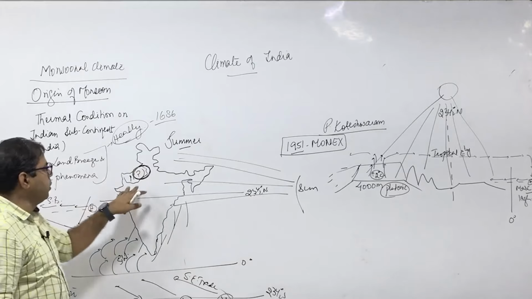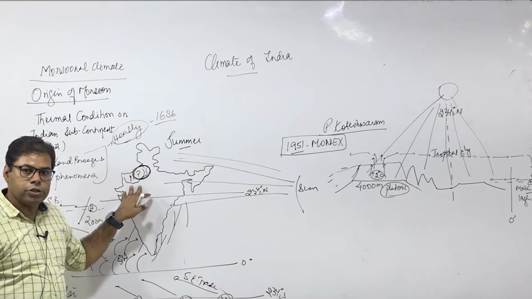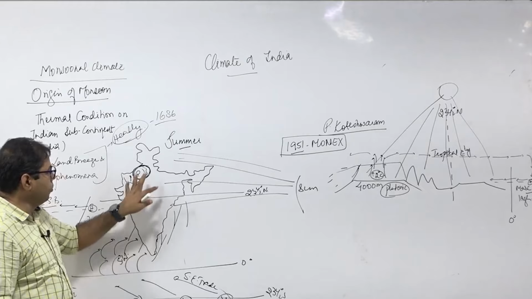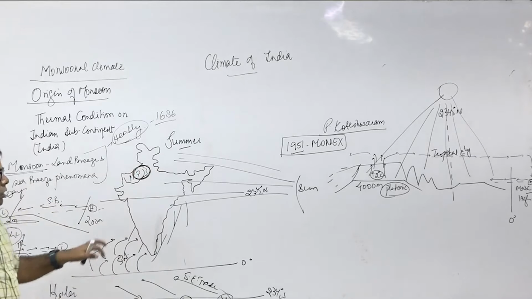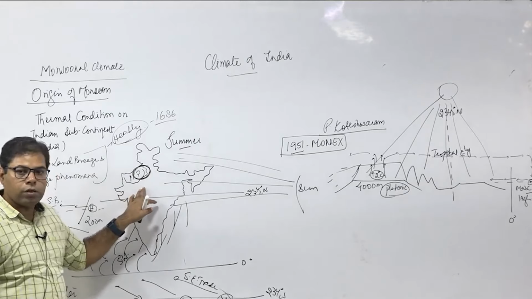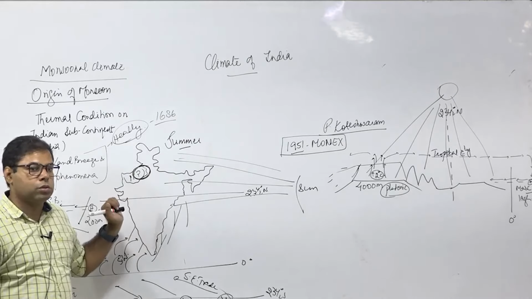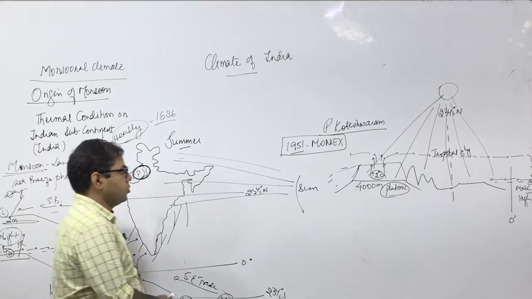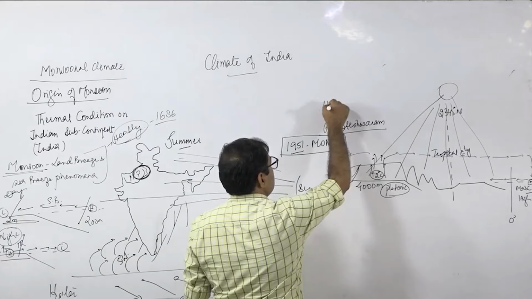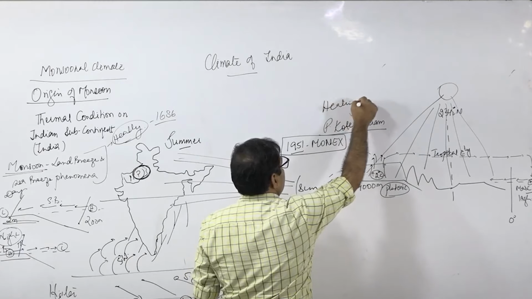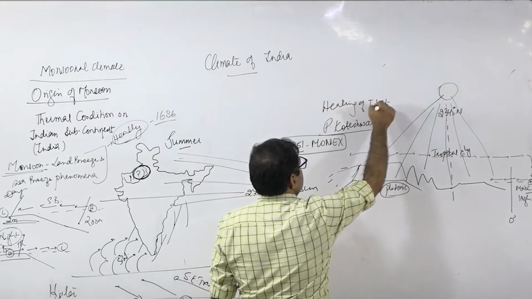If the land is heated slowly, pressure will be weak, so the monsoon will not reach adequately over the northern part of India. So heating, the thermal effect, is one of the key factors influencing the monsoon, right? And also the heating of the Tibet Plateau.